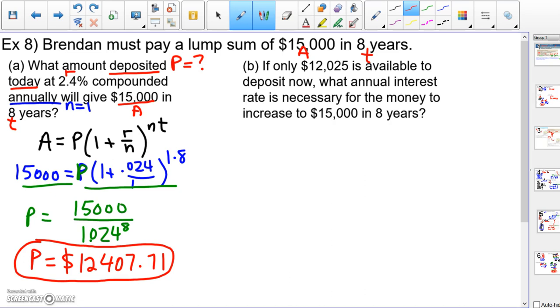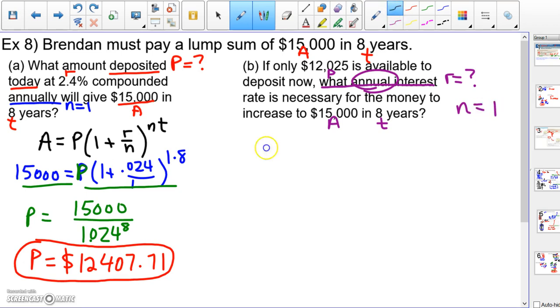Part B. If only 12,025 is available to deposit now, that's the P number. What annual interest rate are they asking for, what is the rate necessary for the money to increase to 15,000, that's the ending amount, in 8 years. So annual, we're still doing n equals 1. They want me to find the rate though.